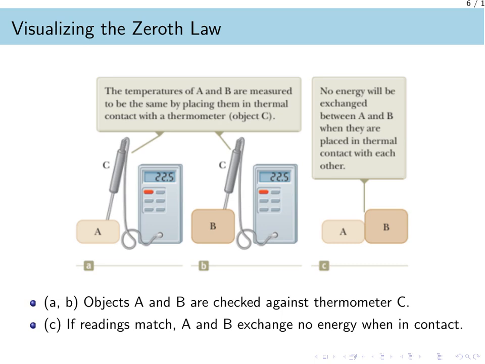Because object A is in equilibrium with C, and object B is also in equilibrium with C, the Zeroth law tells us that A and B are in equilibrium with each other. As shown in the final frame, if we then place objects A and B in direct thermal contact, no energy will be exchanged between them because they are already at the same temperature.